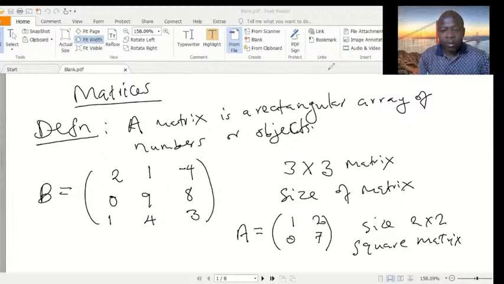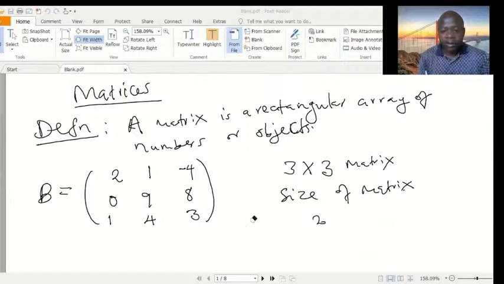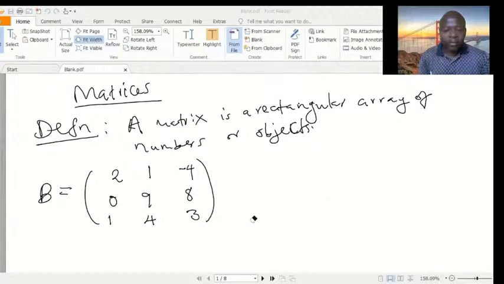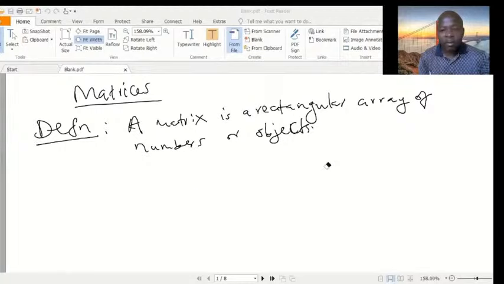Now let's look at another example. Let me write another example. So you now know what a square matrix is, and you know how to give the size of a matrix. When giving the size of a matrix, first you give the number of rows and then the number of columns.